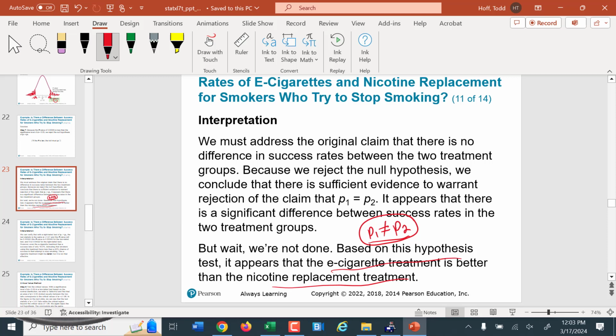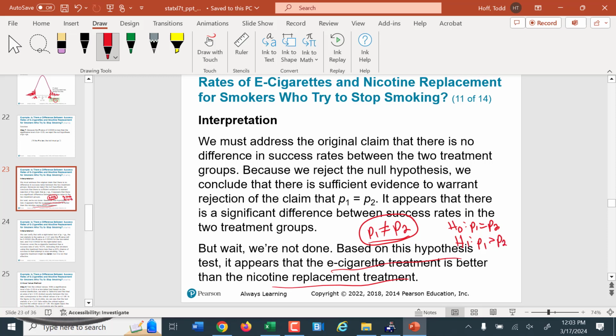So if we wanted to make that conclusion, we would have to go back and retest. We would have to change the test and use the hypotheses: H0 is that the proportions are equal, and the alternative hypothesis would be that P1 is better than P2.